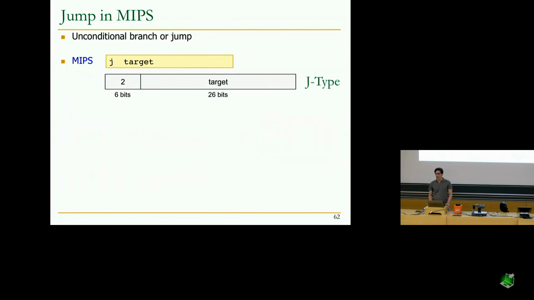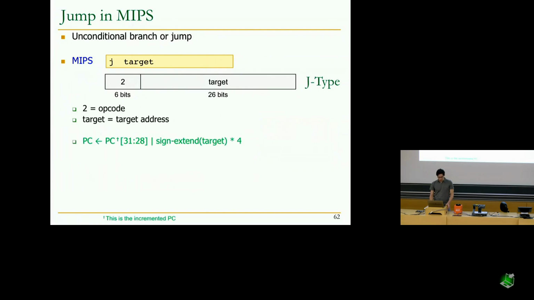It's kind of an immediate address that we have in the instruction. So the opcode for jump, for J, is 2, then the target, and here you see the semantics. What we're going to store in the program counter is the target, but observe that the target is only 26 bits. And what's the size of our addresses? What's the size of the program counter in MIPS? It's 32, right?